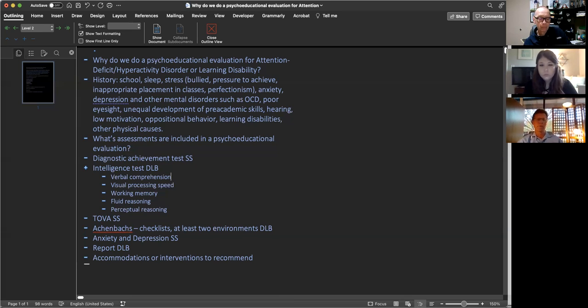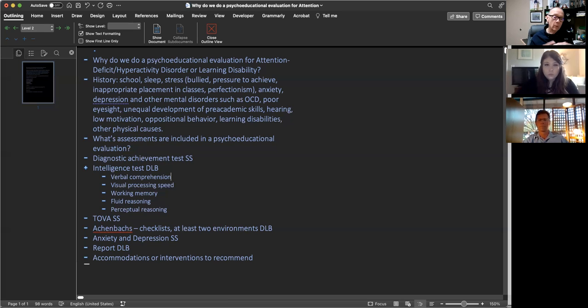Okay, anything else on the TOVA? I would add one piece: it's a pretty good predictor of who has an attention deficit. If you have two groups, one group clearly does not have an attention deficit and has no diagnosis, and the other group does, it'll pick out 80 to 90%, depending on their age, of those that have a diagnosis.